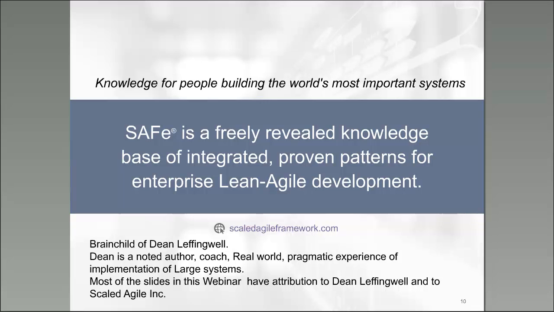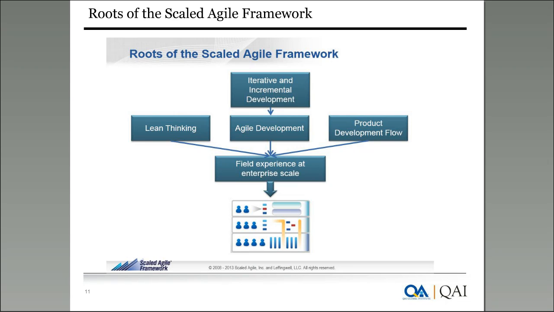There are a lot of approaches to scaling agile, and each person will have different opinions on how to scale agile. The Scaled Agile Framework has its own approach and methods on how to apply this.